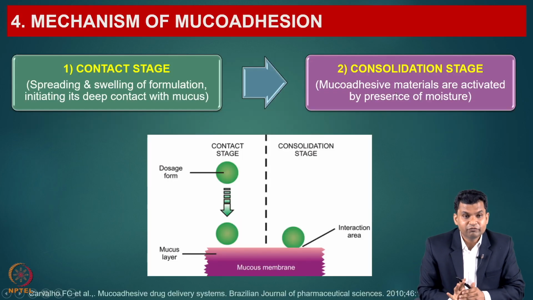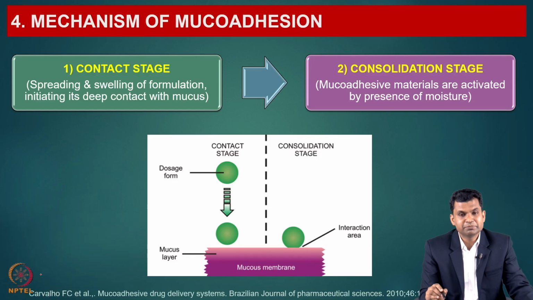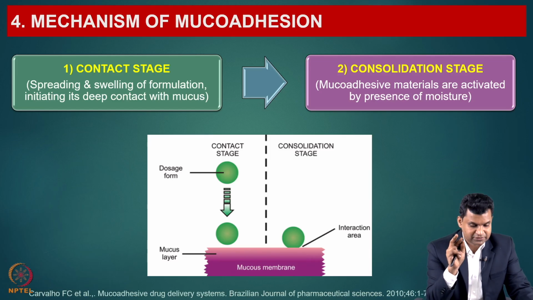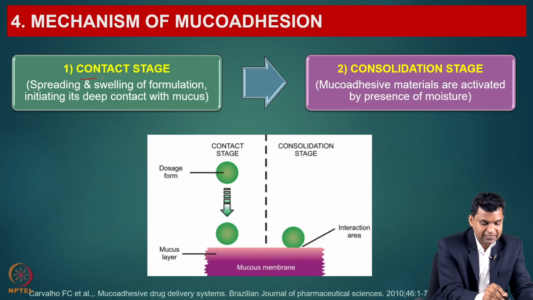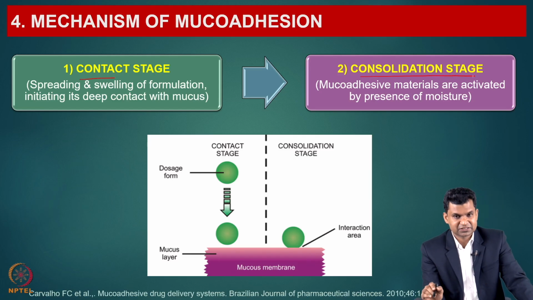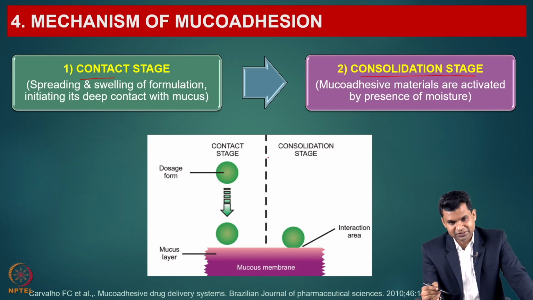So, here we are going to see the mucoadhesion mechanism. This mechanism is again divided into 2 stages: one is the contact stage, the second is the consolidation stage. In the picture also you can see how it works.